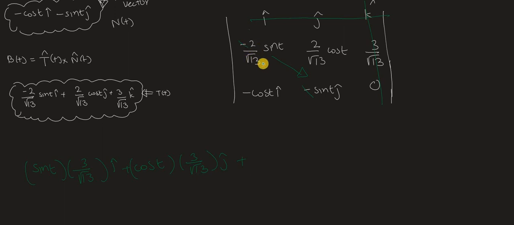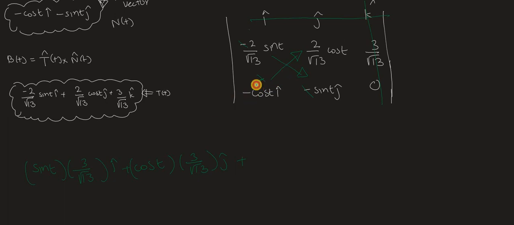It will be 2 over square root of 13, and sine t times sine t is going to give us sine squared of t. And then we will multiply these two, not forgetting the negative when we go from the bottom to the top.